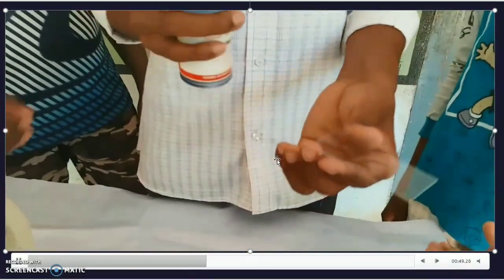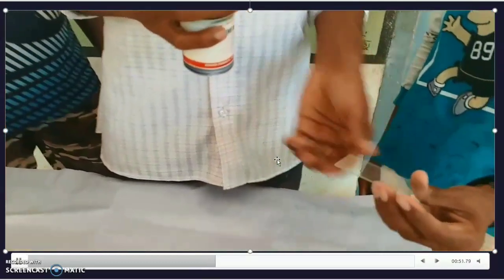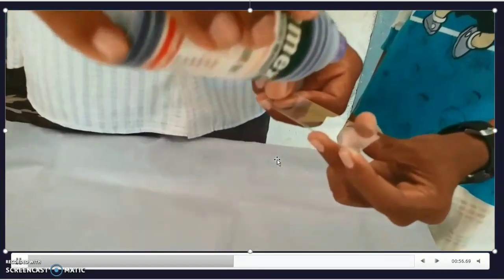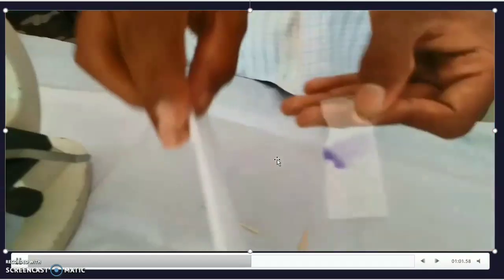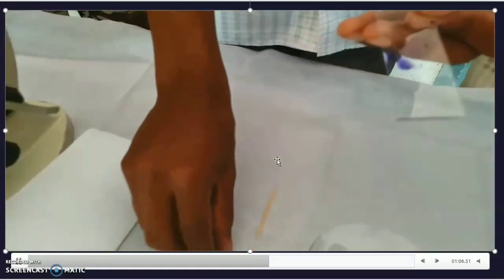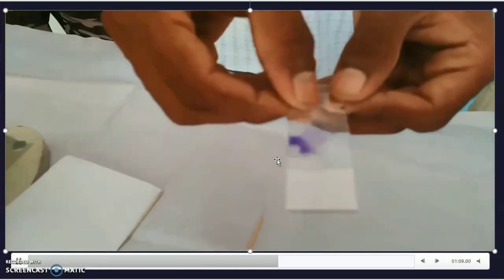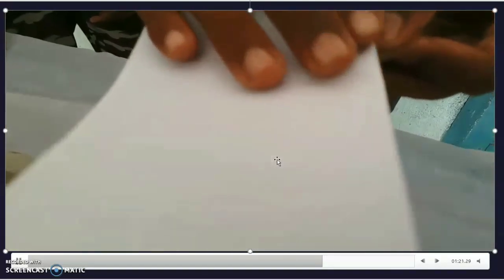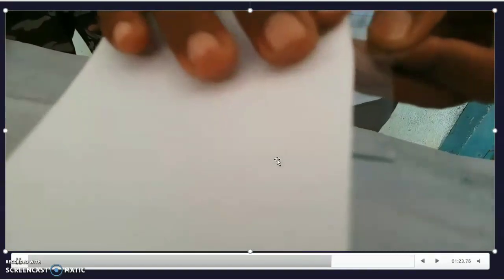Now add 1 drop of methylene blue on the slide. Drain off the excess water or excess stain and place a cover slip on the slide. He is removing the excess water again.